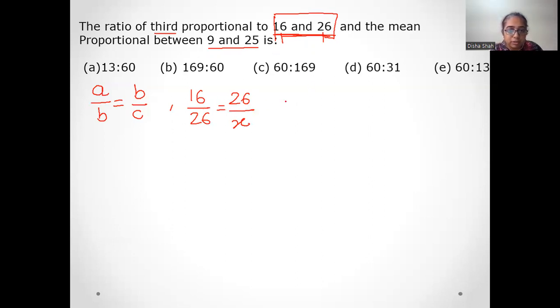So here I have to find the value of X. X is equal to 26 into 26 upon 16.